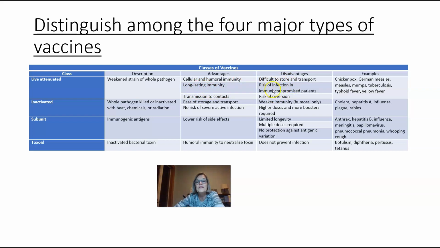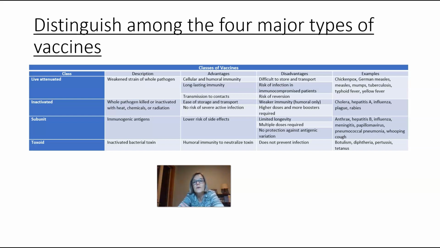Disadvantages: one of the big disadvantages is, if this is live, it says there's a risk of infection to immunocompromised patients. So for healthy people, the vaccine won't have any negative effects on them as far as causing disease. But often with immunocompromised people that have a weak immune system, even this weakened virus may be able to cause some disease.